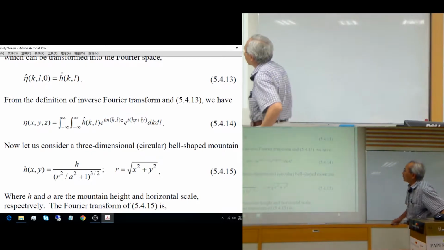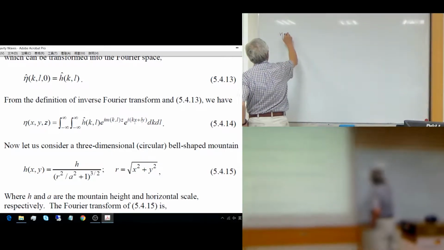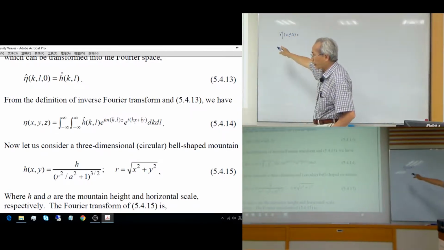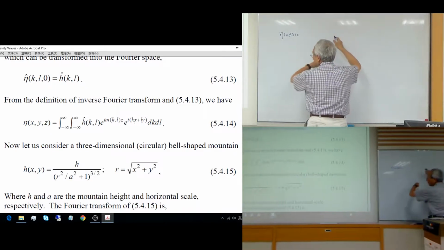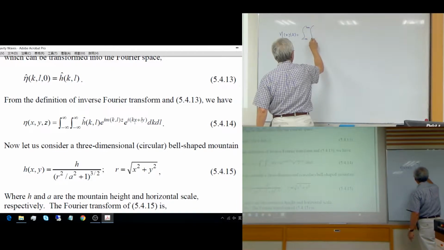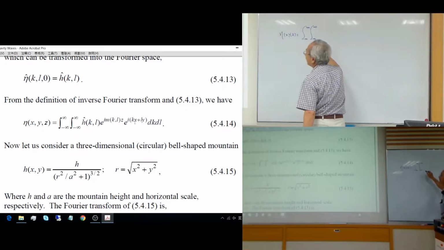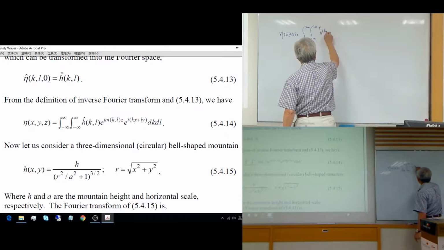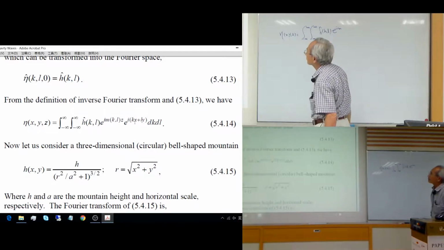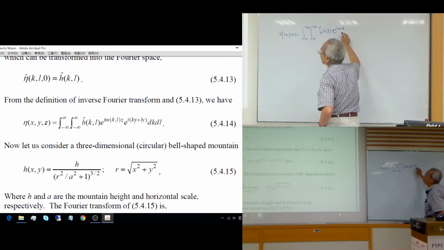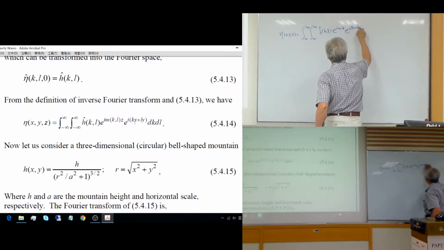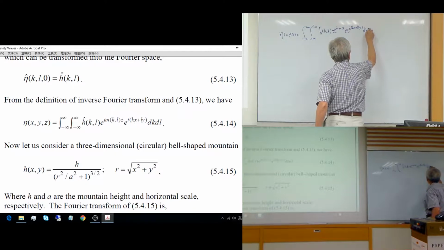So we got this solution in the physical space. And then we take the inverse Fourier transform, from negative infinity to positive infinity, of h hat of k, l times e to the i m z, and then e to the i(kx plus ly), and then dk dl.